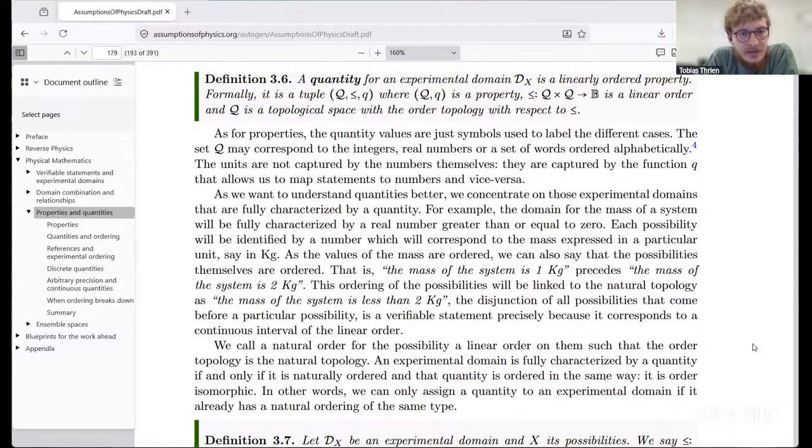The units are not captured by the numbers themselves. They are captured by the function Q that allows us to map statements to numbers and vice versa. Right. So if I have the position of a particle, and I want to know the distance from a particular point in meters or in kilometers, I'll be using different functions.